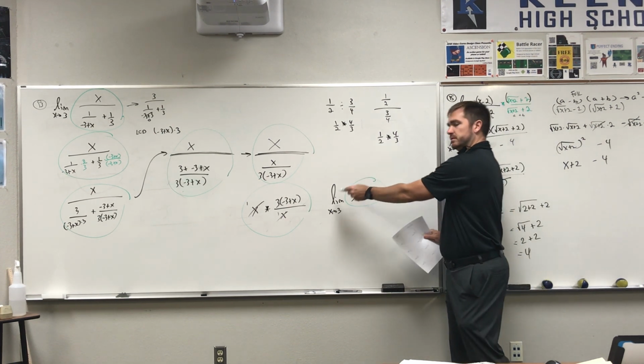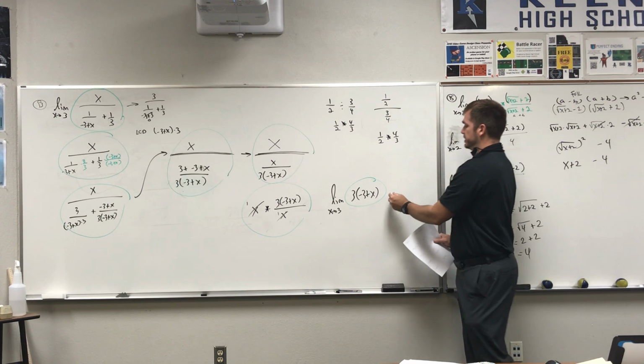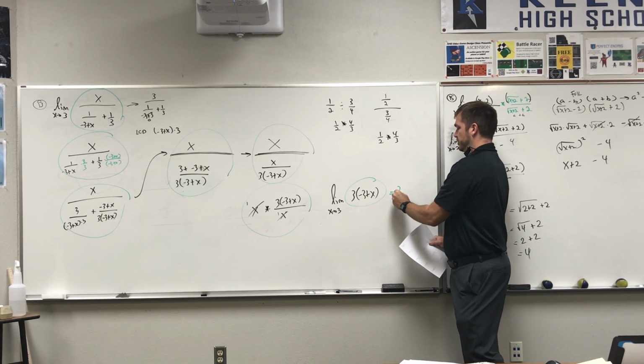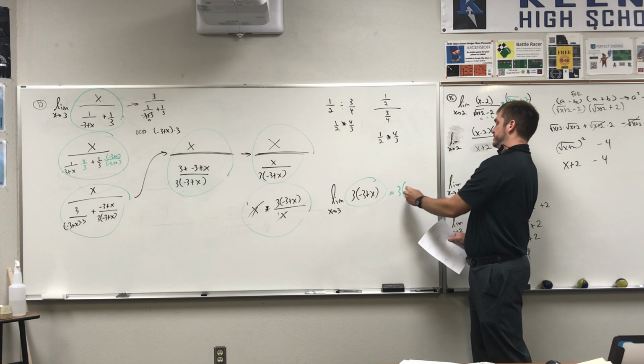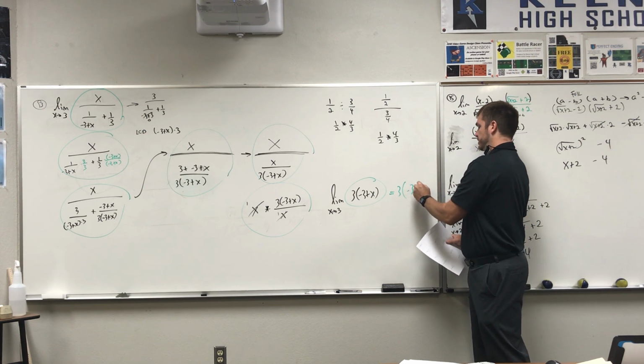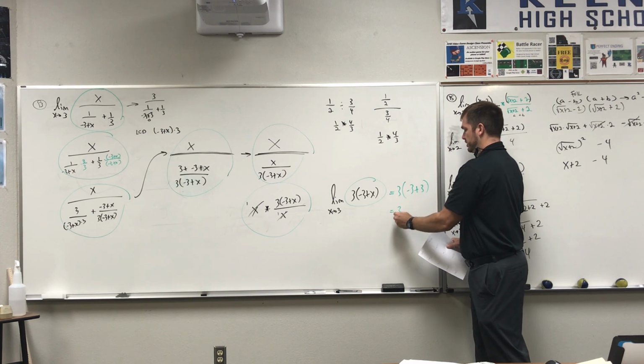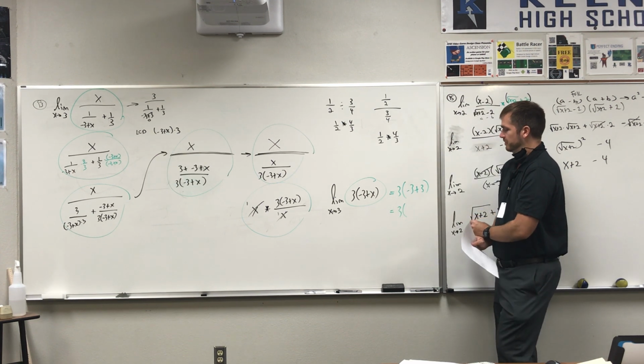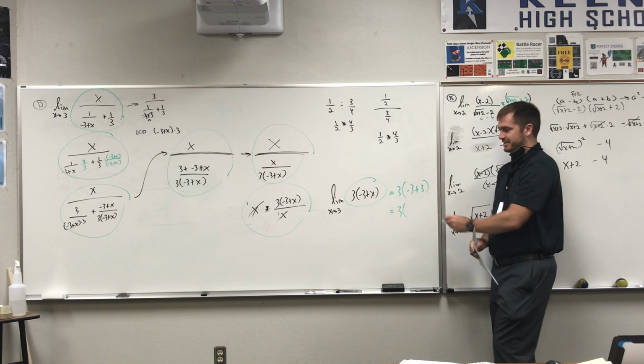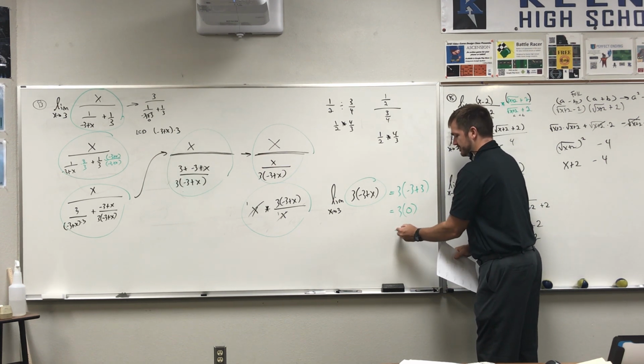Now, let's try direct substitution on this one. 3, open parentheses, negative 3 plus 3. And you're never going to believe what we get. What's negative 3 plus 3, class? And 3 times 0?